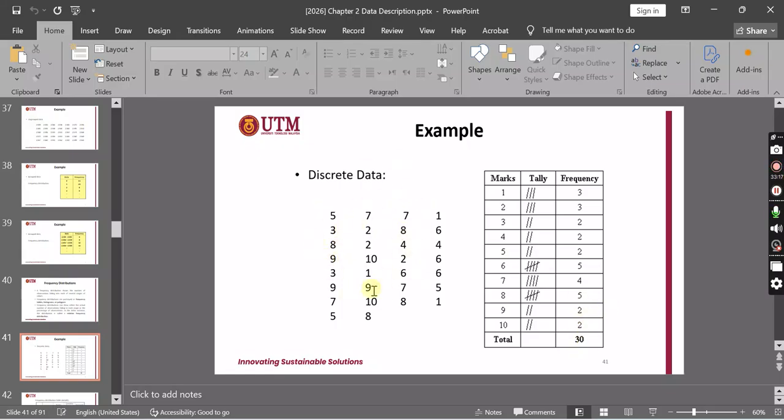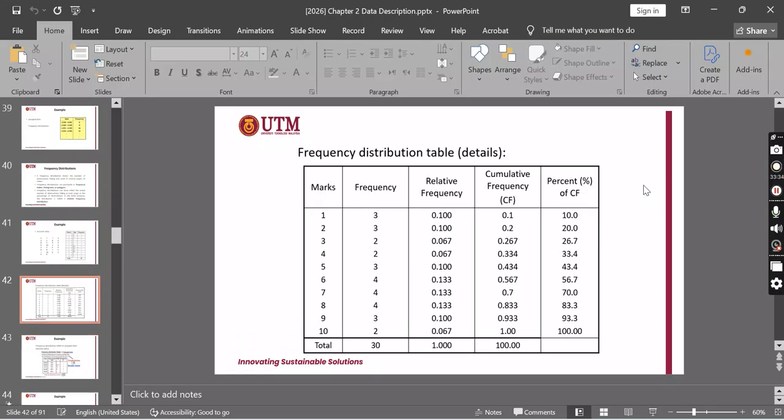This is ungrouped data. We convert ungrouped to grouped data. This is grouped data and it is discrete. So now you can find relative frequency. You can make a bar chart and any type of chart that deals with the quantitative data set.